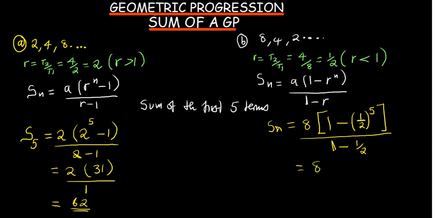Half of 8 is 4, so I'm going to write 4 here. And then 1 minus 1 over 32 is going to give us 31 over 32. So this is the answer.